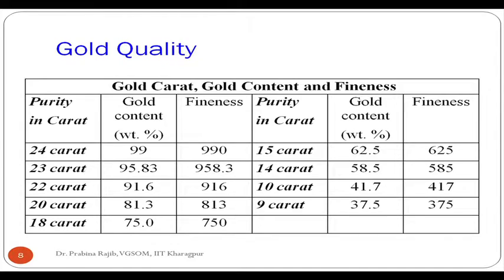Similarly, 22 karat is 91.6, 18 karat will have 75% pure gold, and different other carats are mentioned. Let's not go into this detail.